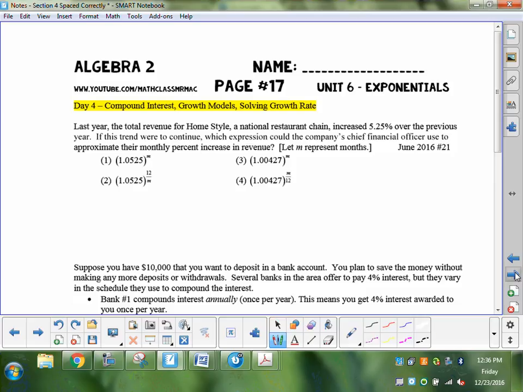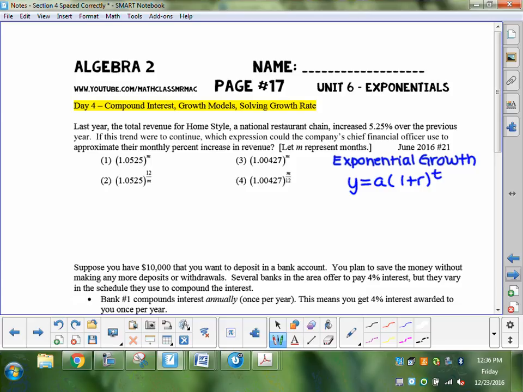And Robbie, what's the formula you need to know for exponential growth? y equals a, 1 plus r, raised to the t. Now, what does the a represent? Initial value. What's the r? The rate. And what's the t? Time.